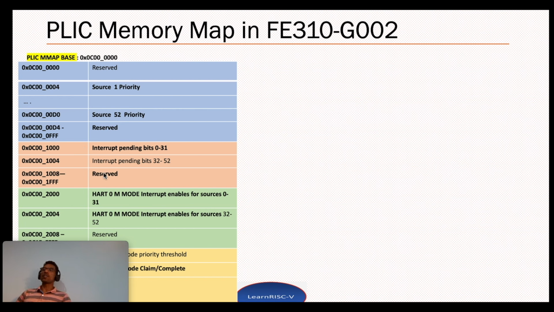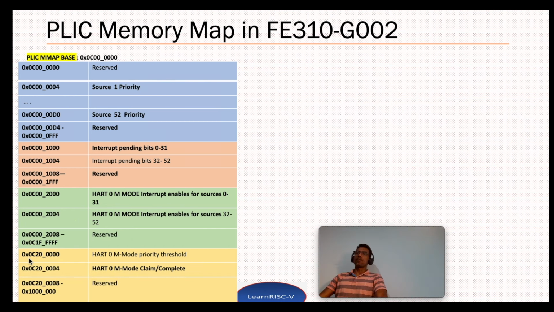And in FE310, there is only hart 0 M mode context alone. So just two registers for that. And for the hart 0 M mode, the next two registers, one for the priority threshold and the claim and complete register, are on the last offset.